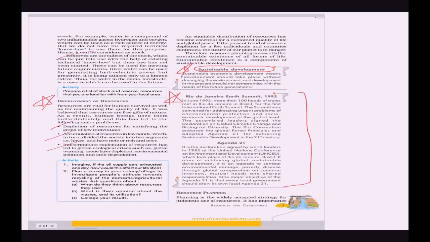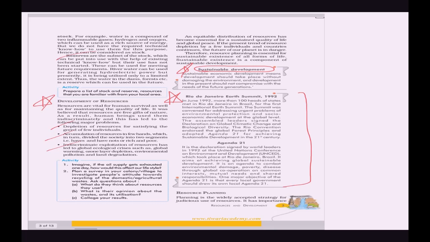Means without giving any thought we are using them, and this has led to many problems, like depletion of resources for satisfying the greed of a few individuals. Means for satisfying the greed of big businessmen and big entrepreneurs, they are misusing the resources for their own factories and industries, using them on a large scale. Another is accumulation of resources in few hands, which divides society into rich and poor.